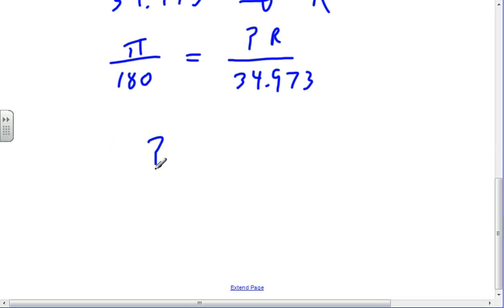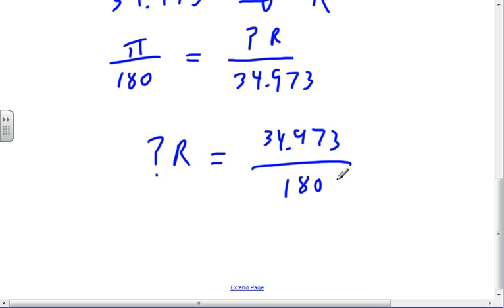So my question mark of radians is 34.973 divided by 180 times pi. Now it may have been time to put it in my calculator before then, right? But it's definitely time now.